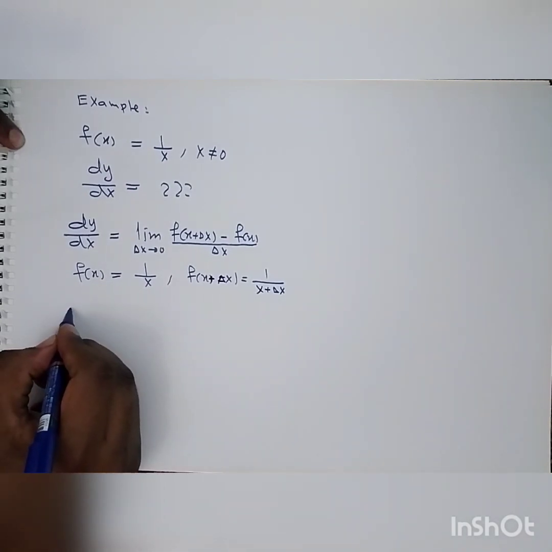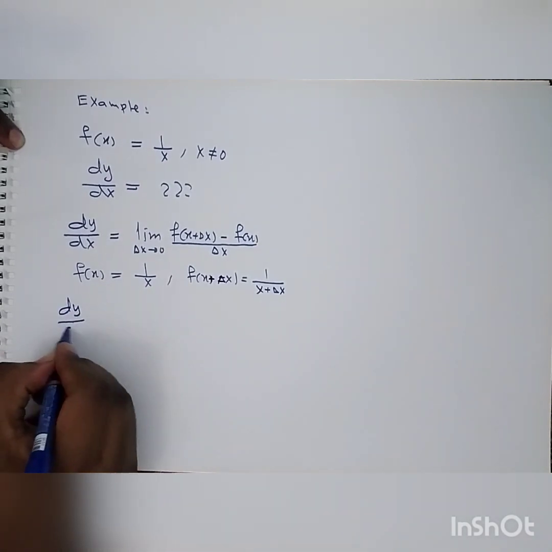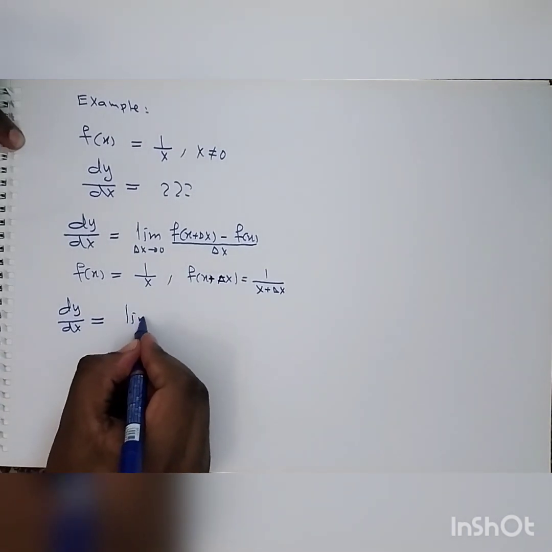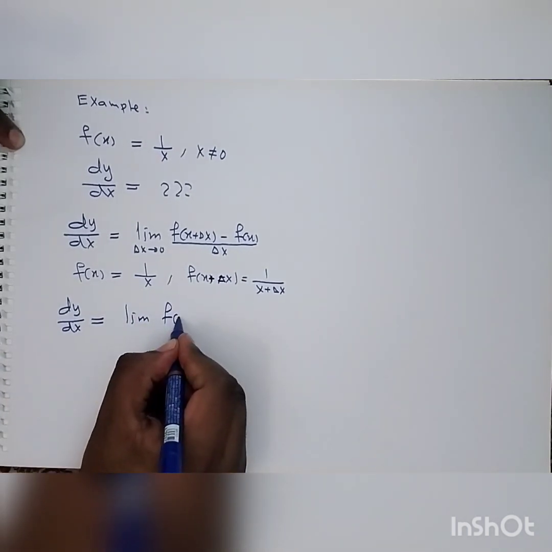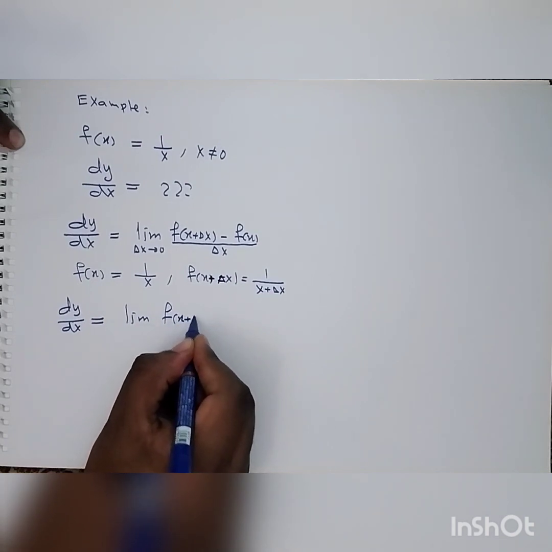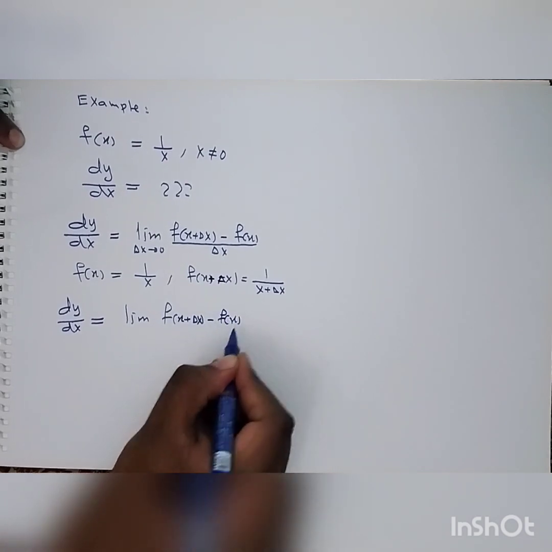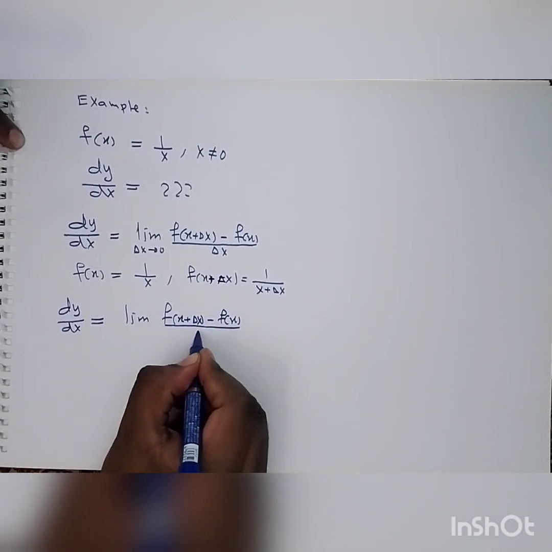Now we have everything. So dy by dx will be equal to the limit of f of x plus delta x minus f of x, divided by delta x.